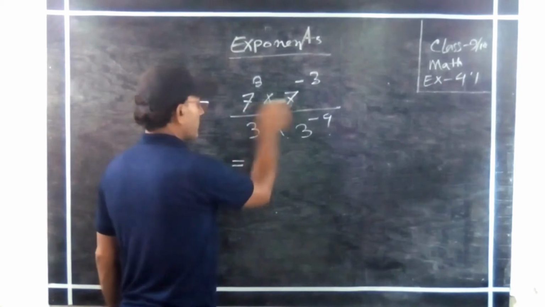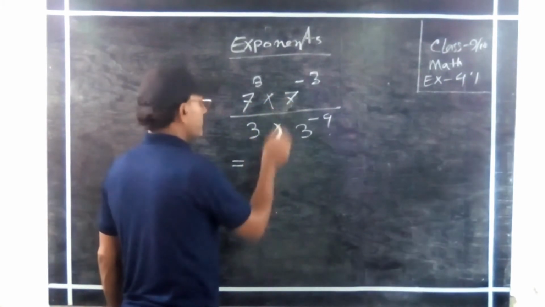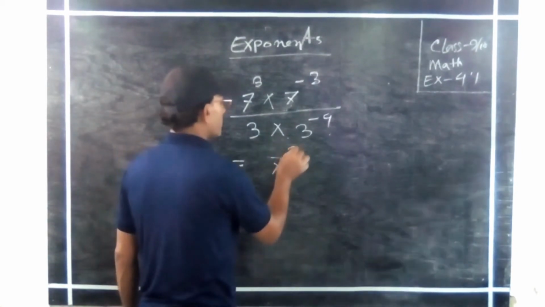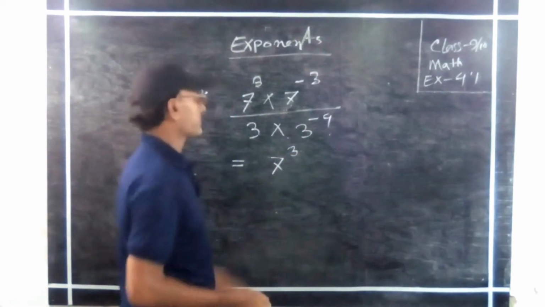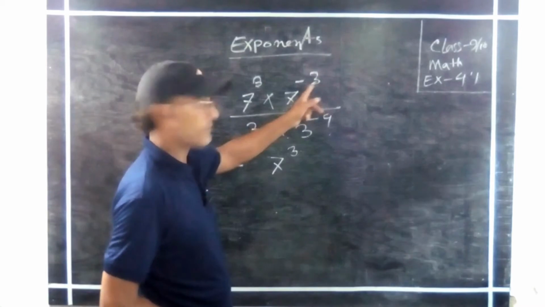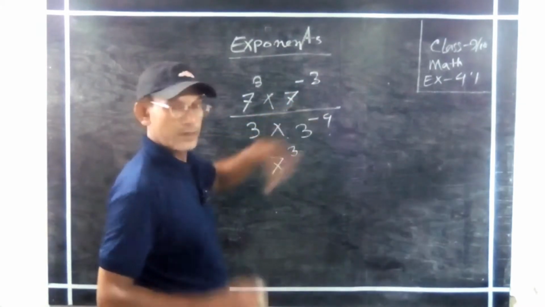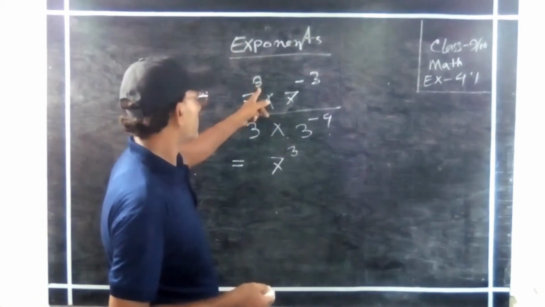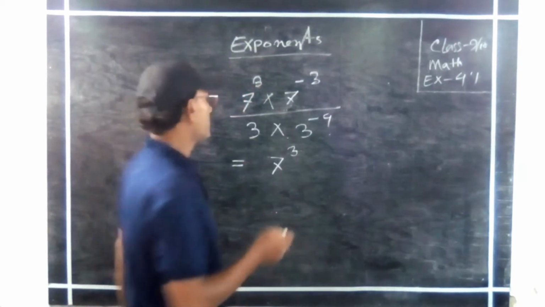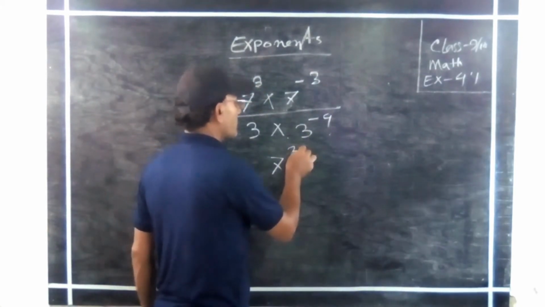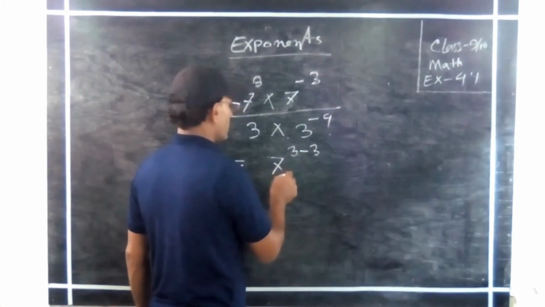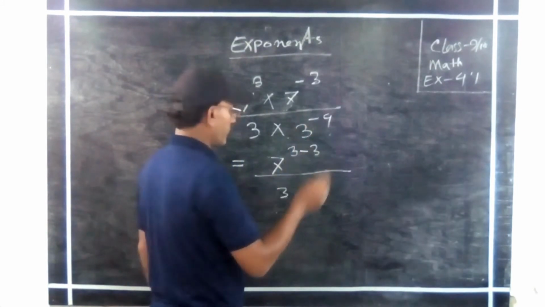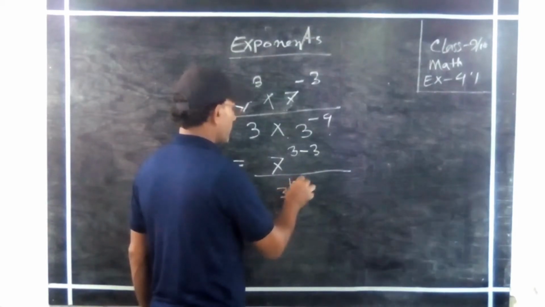Both of them have base 7, so we can write 7 to the power 3 plus minus 3, equal to minus 3 plus 3, divided by 3 to the power 1 minus 4.